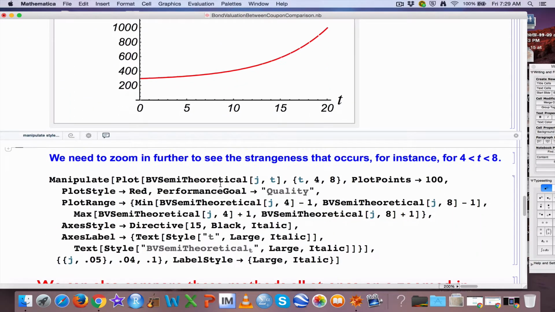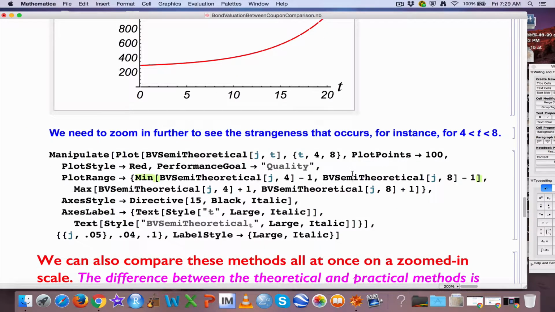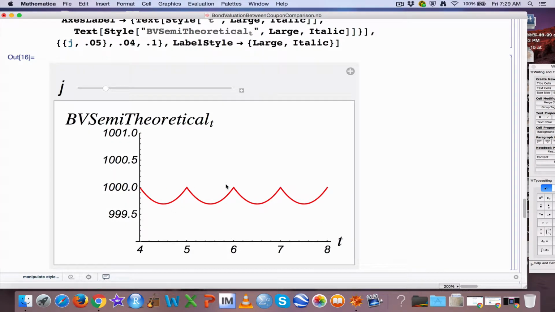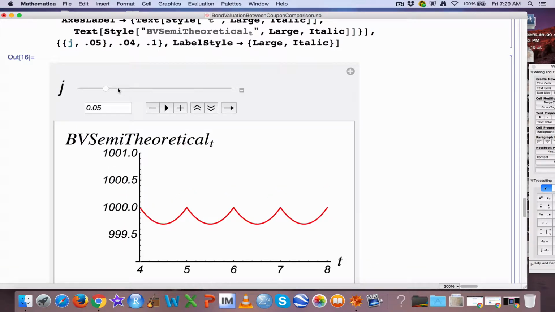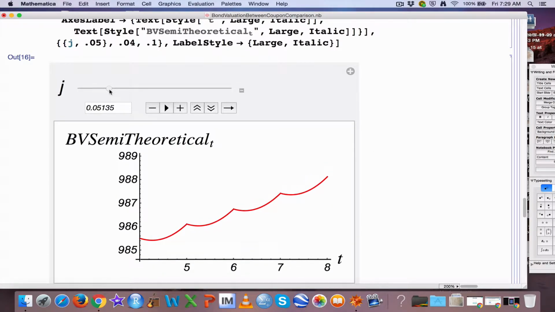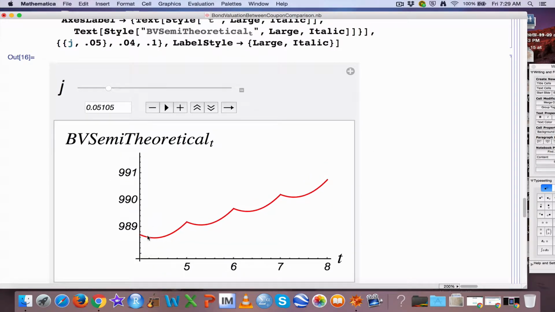You need to zoom in further to see the strangeness that occurs, for example, between t equals 4 and 8. The graph actually decreases sometimes, even when j equals r, and so you should be saying, well, shouldn't the graph be just horizontal? And when j is slightly bigger than 0.05, it's got places where it actually decreases.